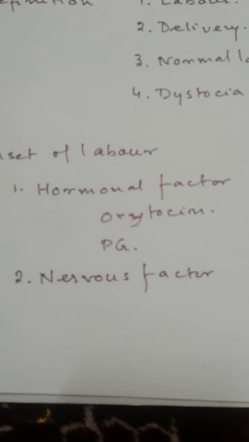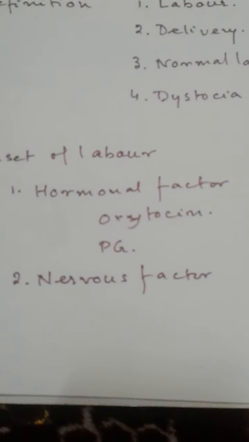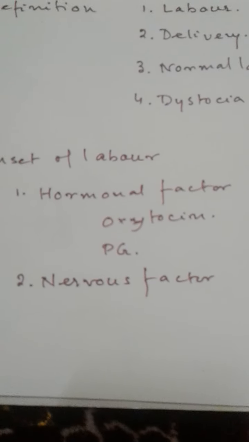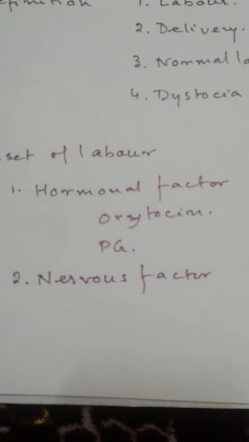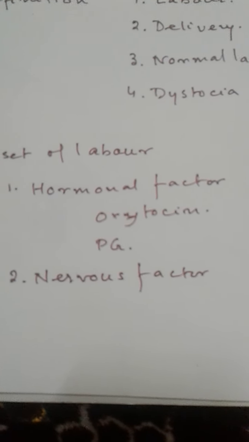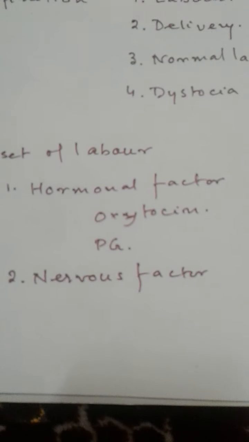This causes stimulation of fetal adrenals, increase in cortisol secretion, which has a negative feedback effect on progesterone synthesis. This causes an alteration in estrogen-progesterone ratio, resulting in increased prostaglandin synthesis.